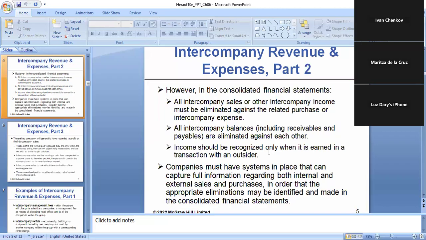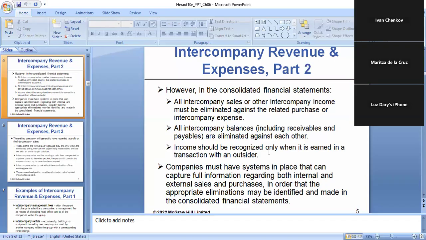So the company must have a system in place that can capture full information regarding both internal and external sales and purchases, so that the appropriate eliminations may be identified. Basically, we're going to rely on the company accounting system to see which are the intercompany transactions, how those are reported at the subsidiary level, and how many of them are actually related to third parties.